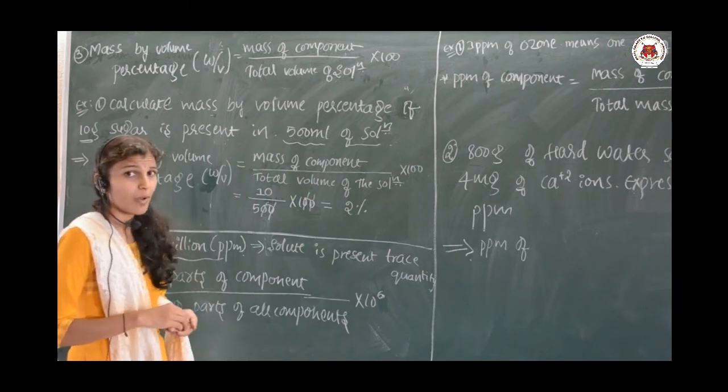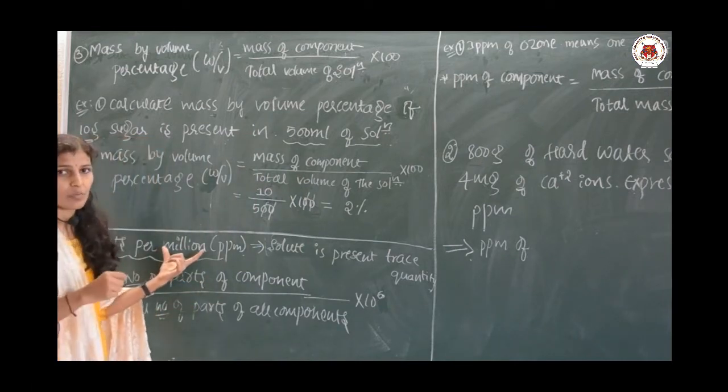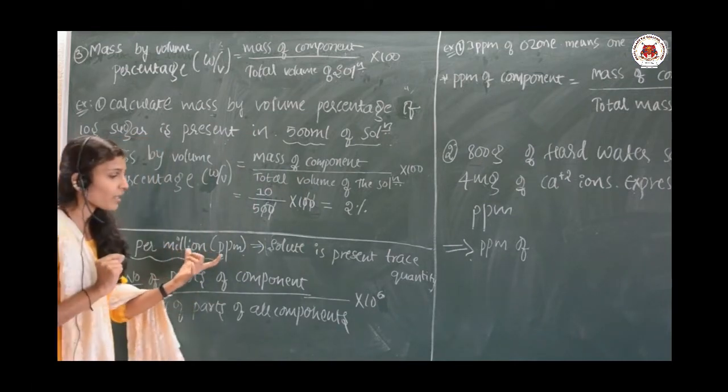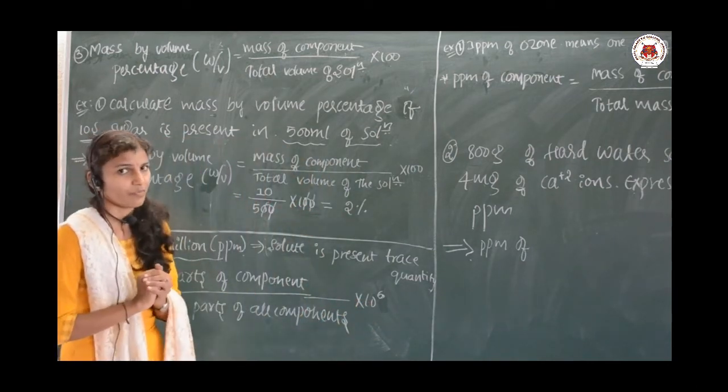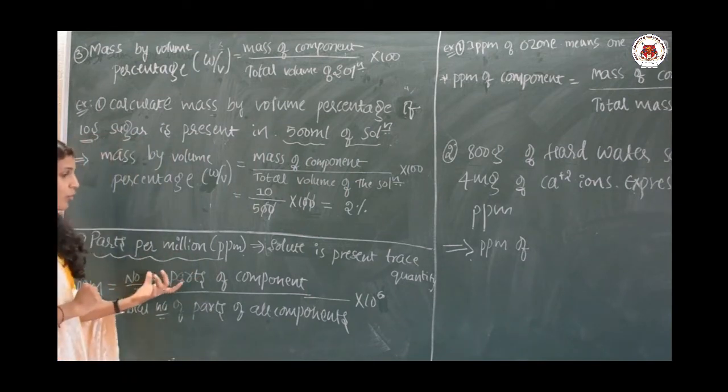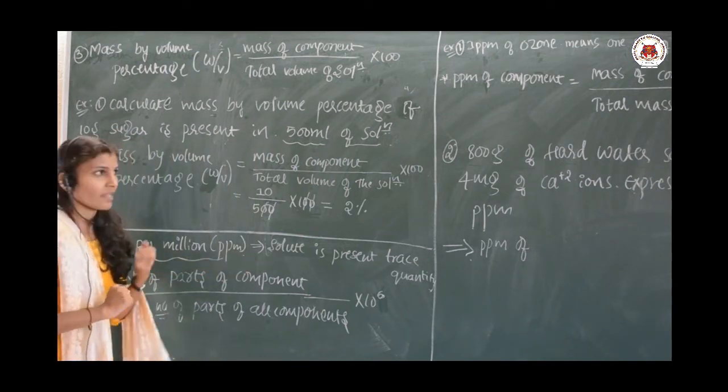Why is it 10 to the power 6? Because it is parts per million. Million means you have to multiply it by 10 to the power 6. Okay. So this is the formula for parts per million.